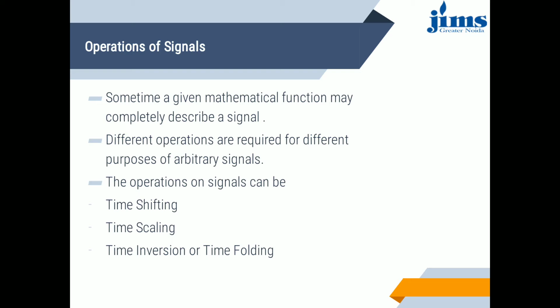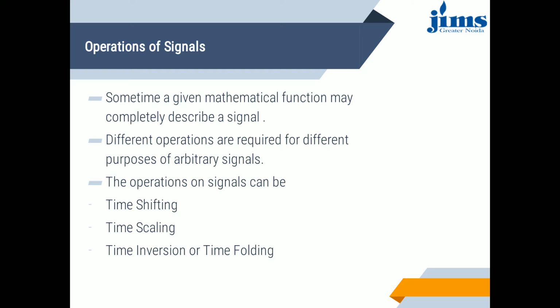The first three operations correspond to transformation in the independent variable t or n of a signal. The last three operations, amplitude scaling, signal addition, and signal multiplication, correspond to transformation of the amplitude of a signal.